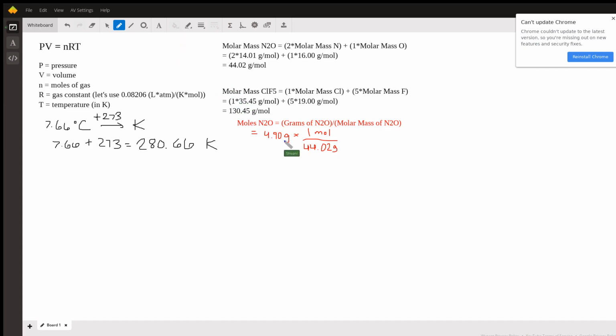Notice how grams and grams cancel out, and you're left with moles as the units in your answer. Let's plug this into our calculator. You would get 0.1113 moles of N2O.